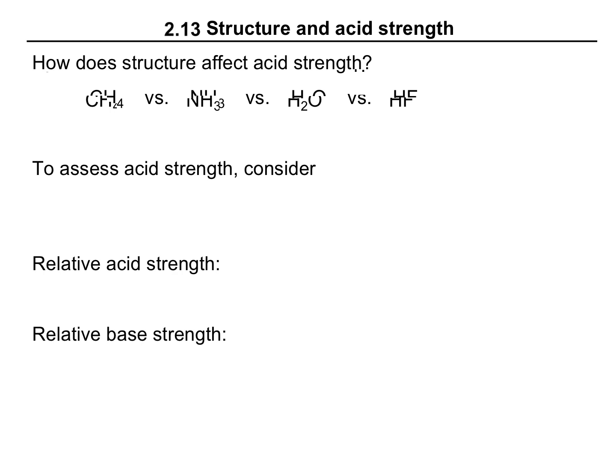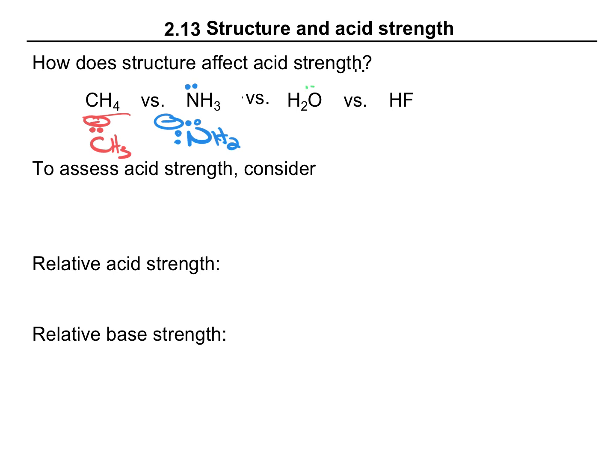So if a base grabs off a proton from CH4, we will be left with CH3 with a lone pair on the carbon and a negative formal charge. For ammonia, we're starting out with one lone pair. If a base grabs off a proton, we will have NH2 with two lone pairs and a formal charge of -1.